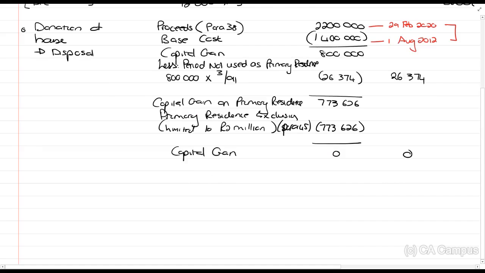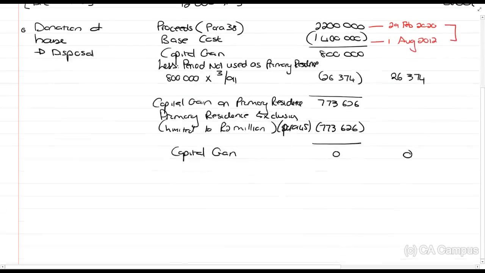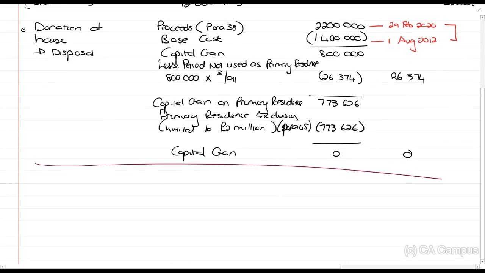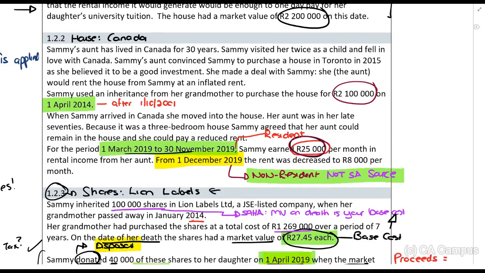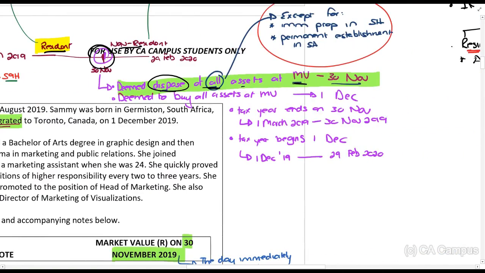Right, now we go to when she was a non-resident. What happens in this period? Remember, she still owns it, so don't think she's really disposed of it. She hasn't, she still has it. She's treated as if she sold it. I'll remind you, she's deemed to have disposed of it at market value and then bought it back at market value.